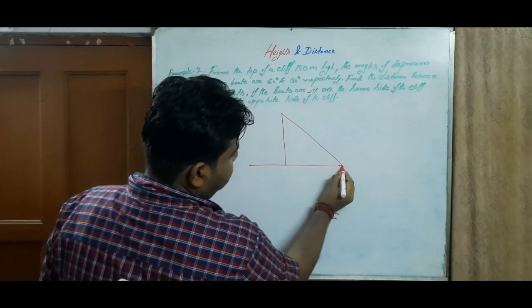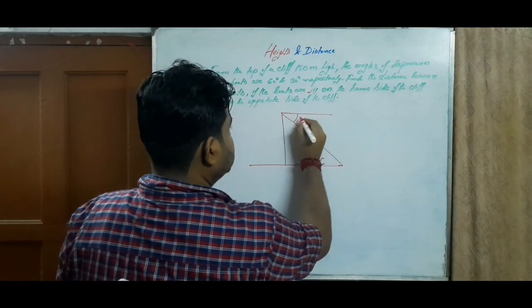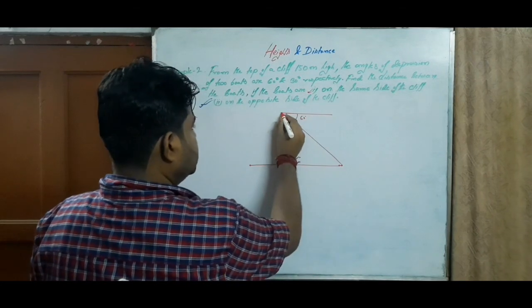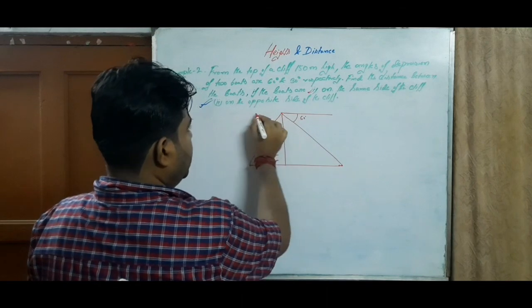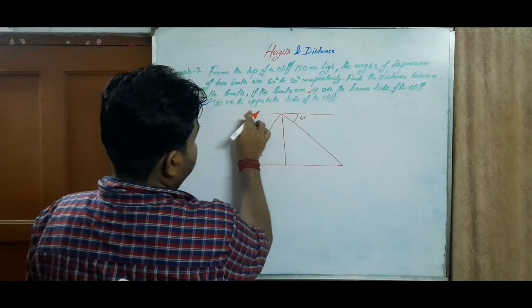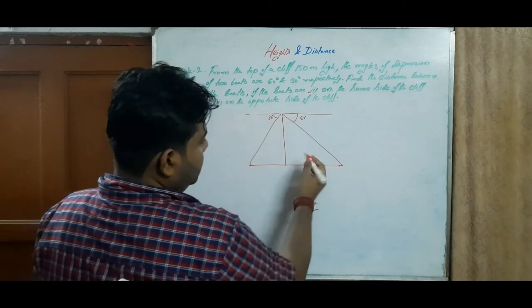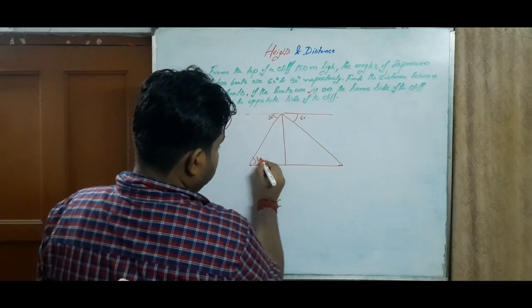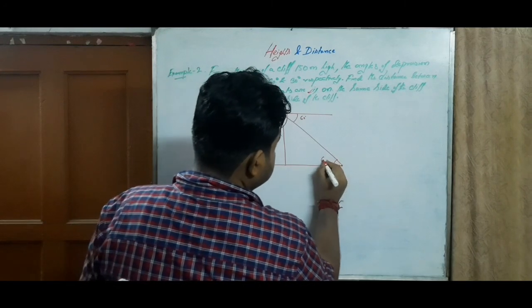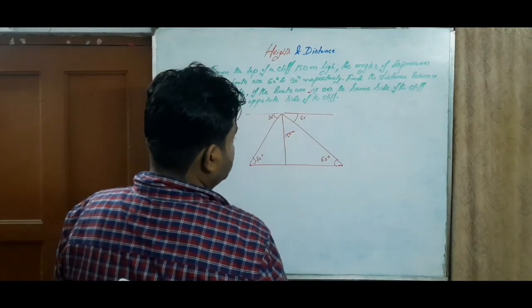This is the first boat, the angle of depression is 60 degree, and this is the second boat, and the angle of depression is 30 degree. Okay, and we know that according to alternate angles, this angle is also 30 degree and this angle is 60 degree. Now this is 150 meter, it is given to us.